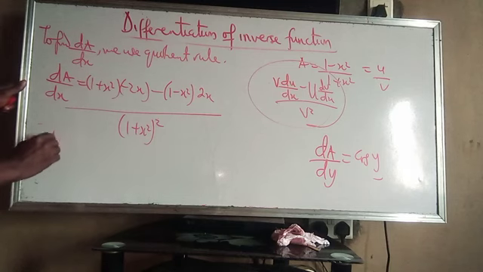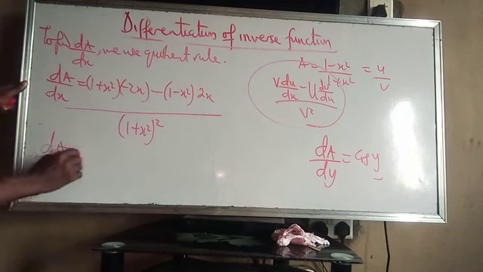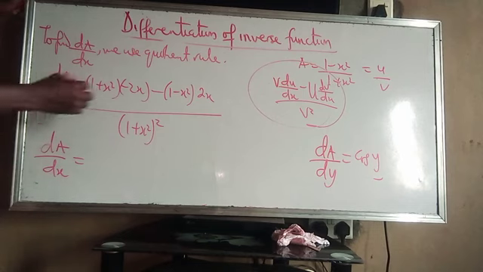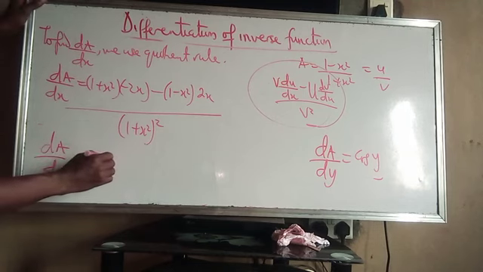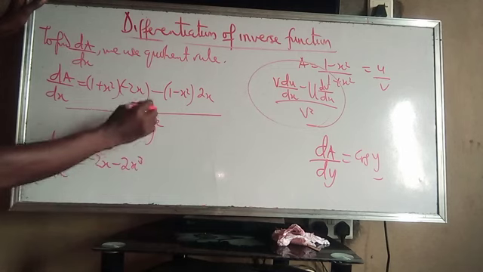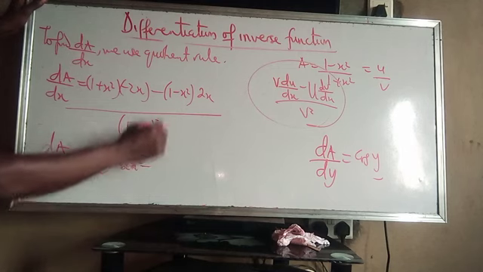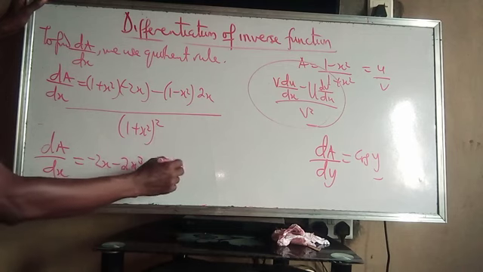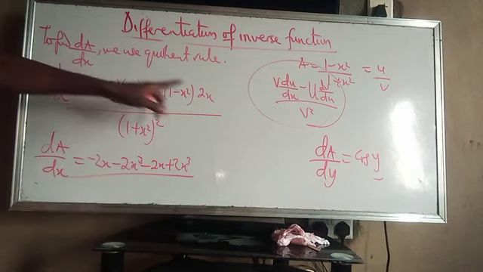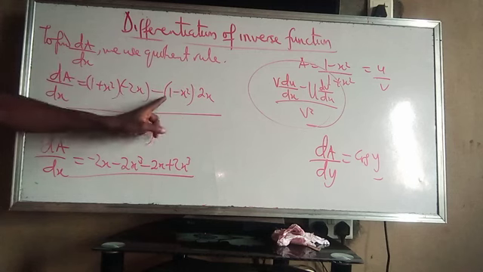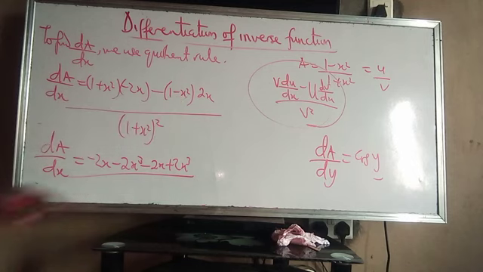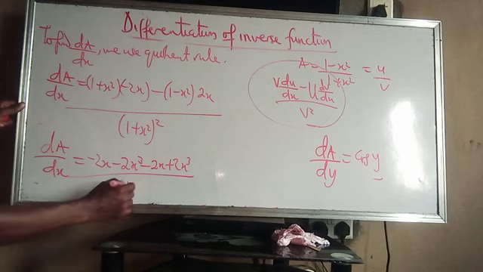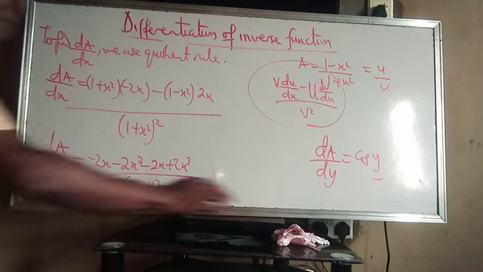So dA/dx will now be, when I expand this, minus 2x minus 2x cubed, then minus 2x plus 2x cubed, all over 1 plus x squared all squared. I hope we are following. There is no magic here at all.